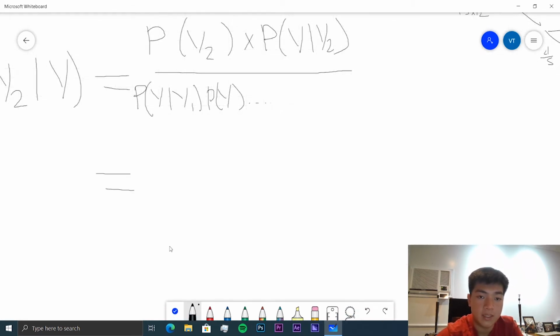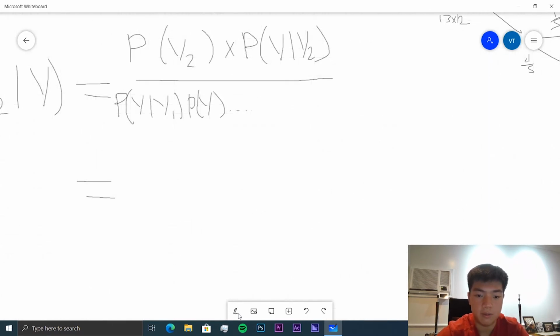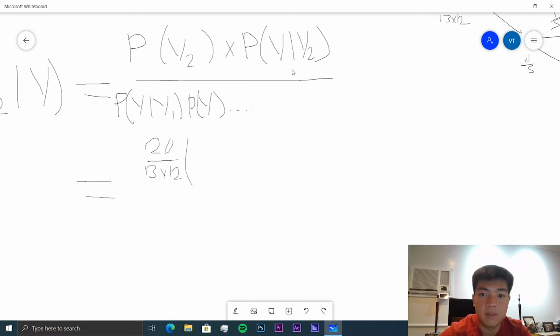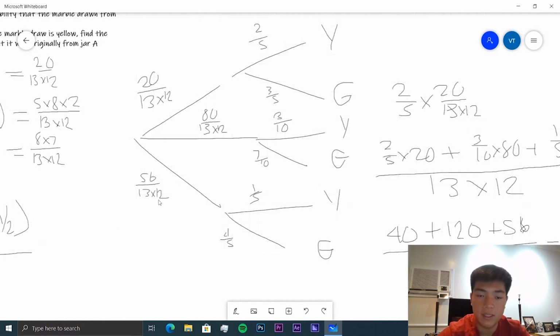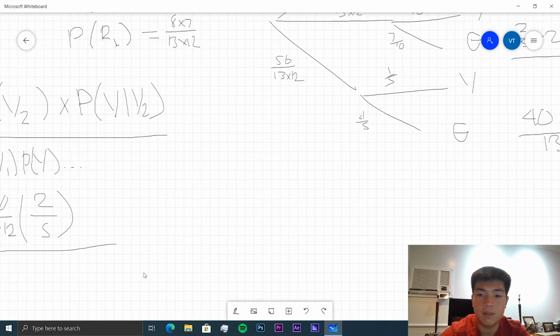So what's the probability of y2 occurring? It's 20 over 13 times 12. And then what's the probability of y occurring, given that y2 occurred? It's 2/5. So it's over 2/5. And then when we divide this by, we do a similar thing for each branch.